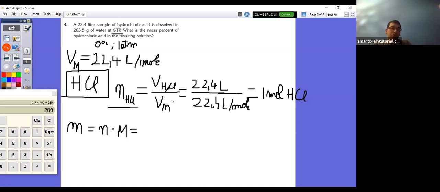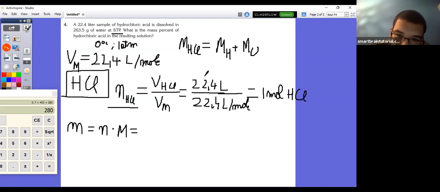How can we find the molar mass of hydrochloric acid? We can use the periodic table, where we have the molar masses of the elements. The molar mass of hydrochloric acid is the molar mass of hydrogen plus the molar mass of chlorine.